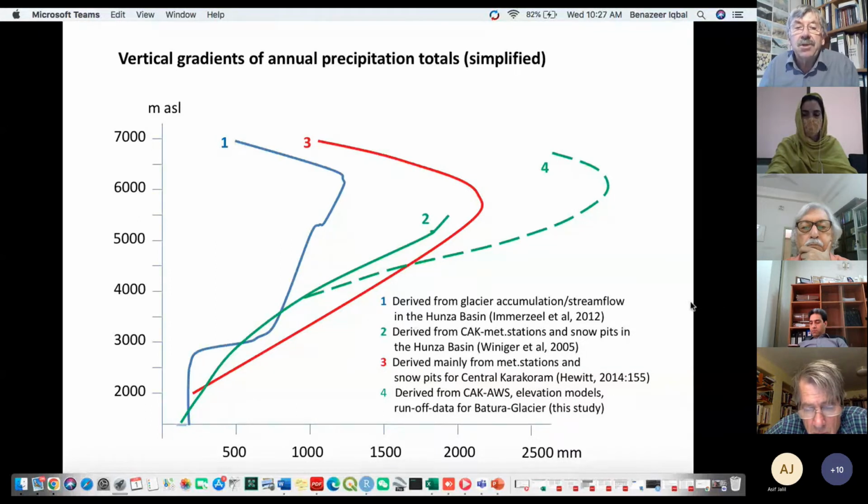Number 1 shows rainfall maximum at 6,000 meters with some 1,200 millimeters rainfall. The last one, which we created some years ago, shows that the maximum height altitude is more or less the same. This doesn't really change, but the amount of rainfall is much, much higher there.